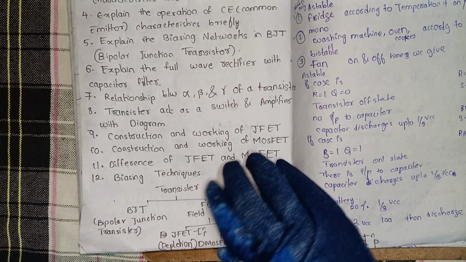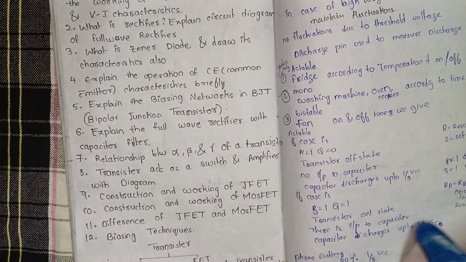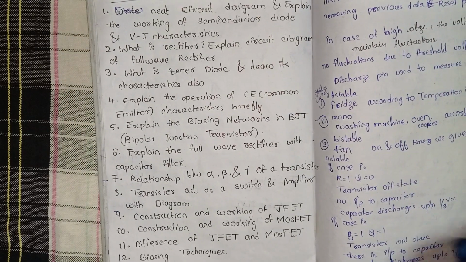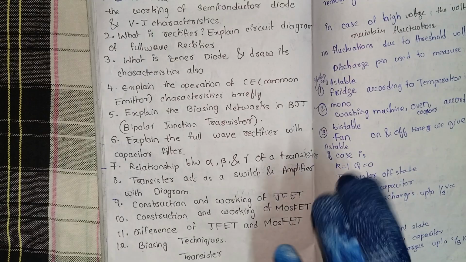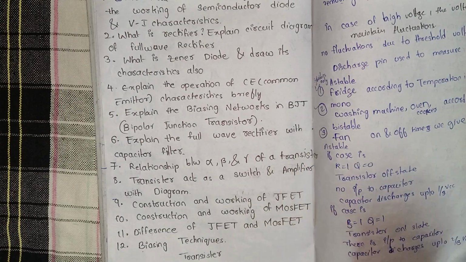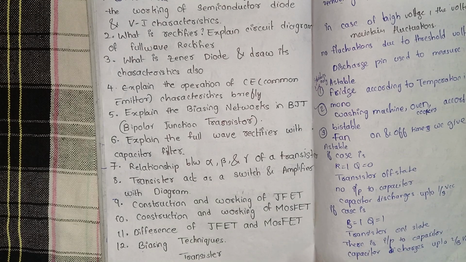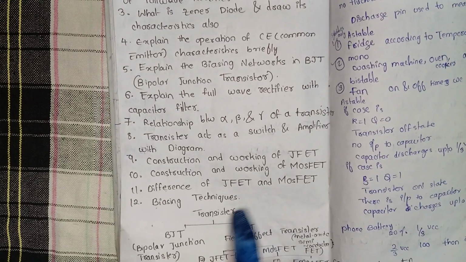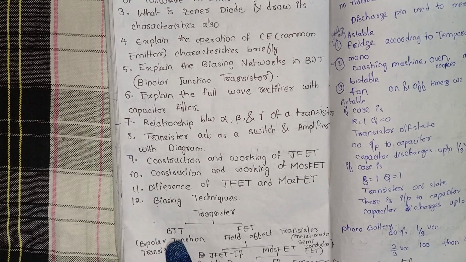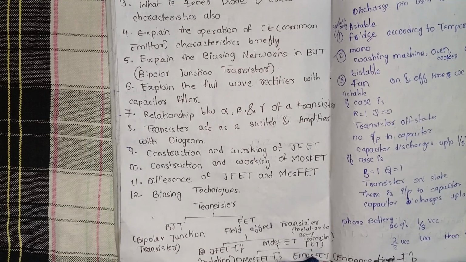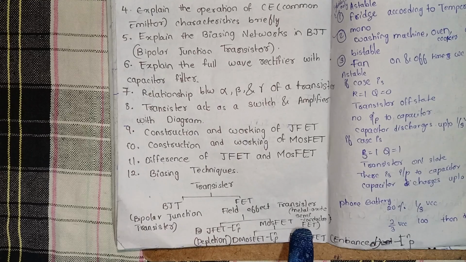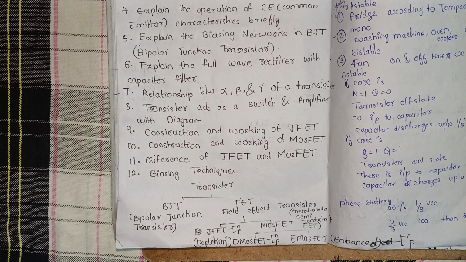So in this class, we have completed all the transistors: BJT and FET, JFET and MOSFET, D-MOSFET and E-MOSFET. Their construction and working, and also how they act as a switch and amplifier.